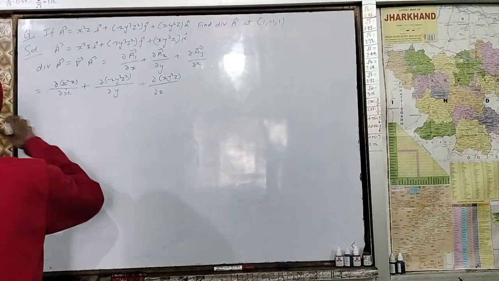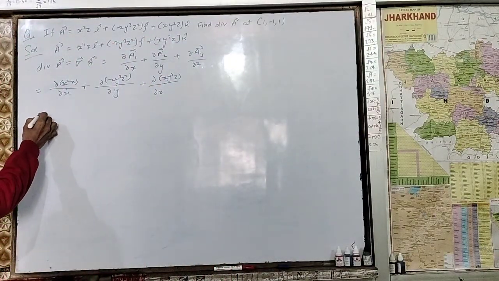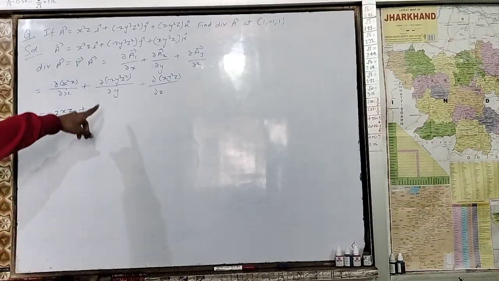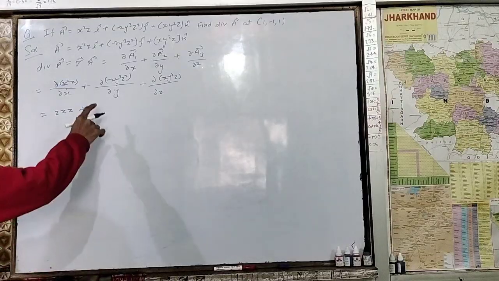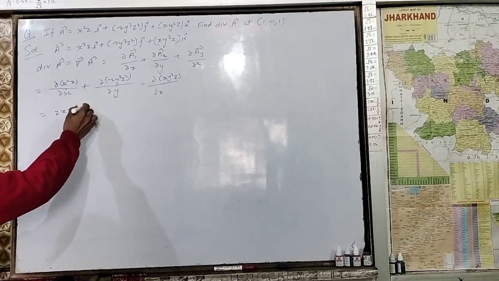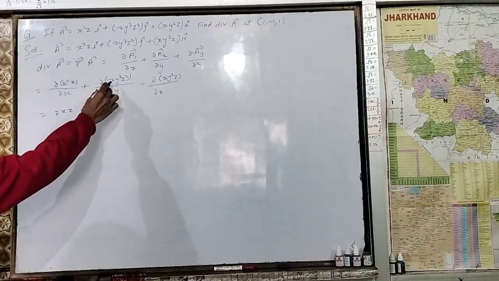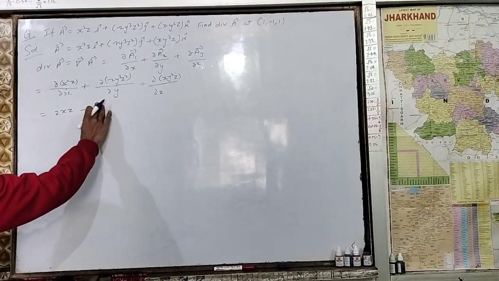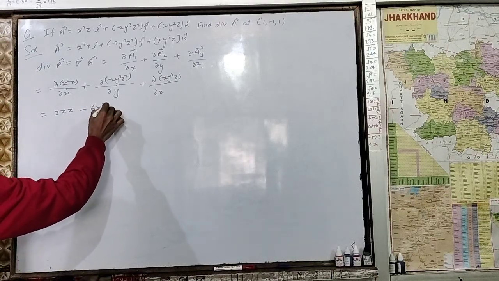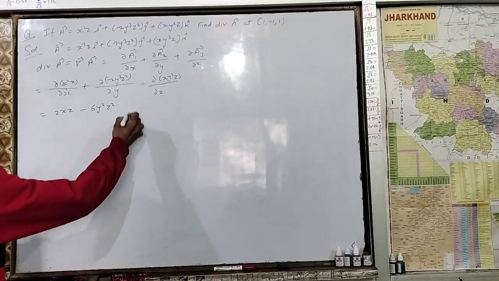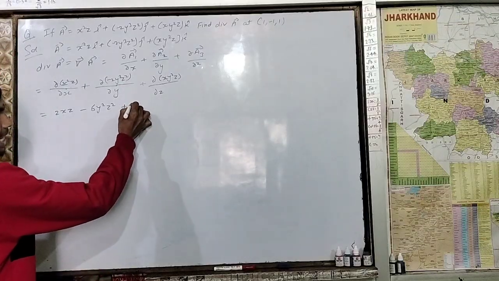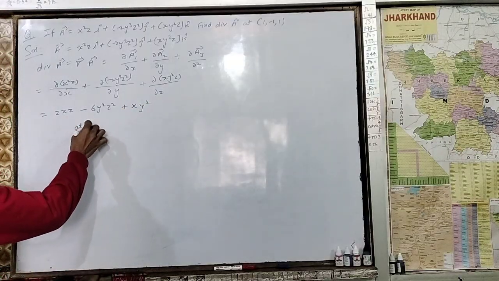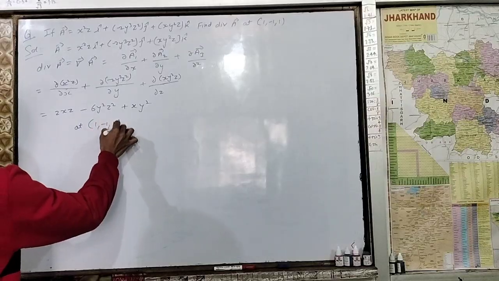Here you can see partial differentiation of x square z with respect to x will be 2xz. Am I correct? Yes. What about this? Z square stays as it is, so this will become minus 6 y square z square. Then plus x y square. Now this is at (1, -1, 1).